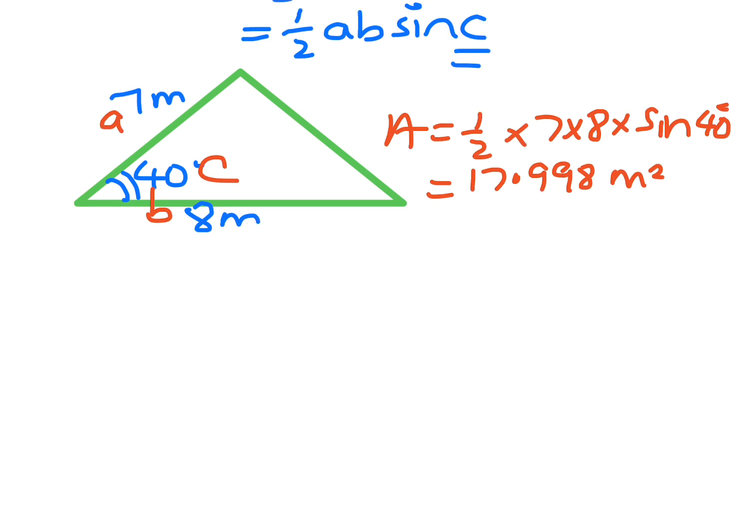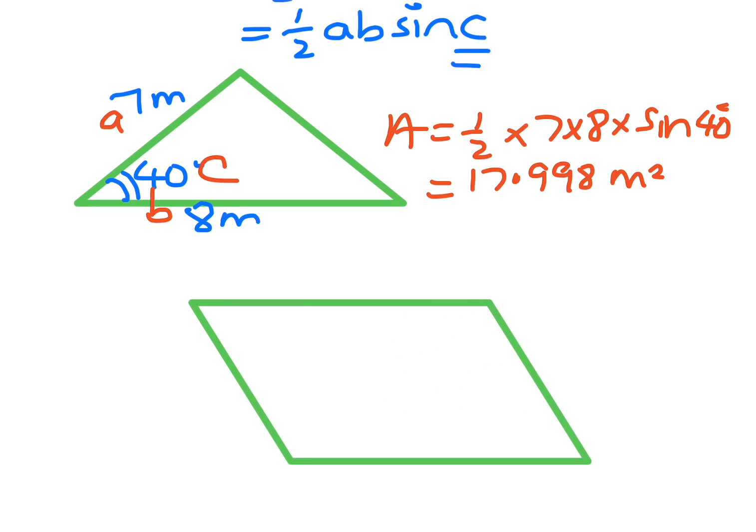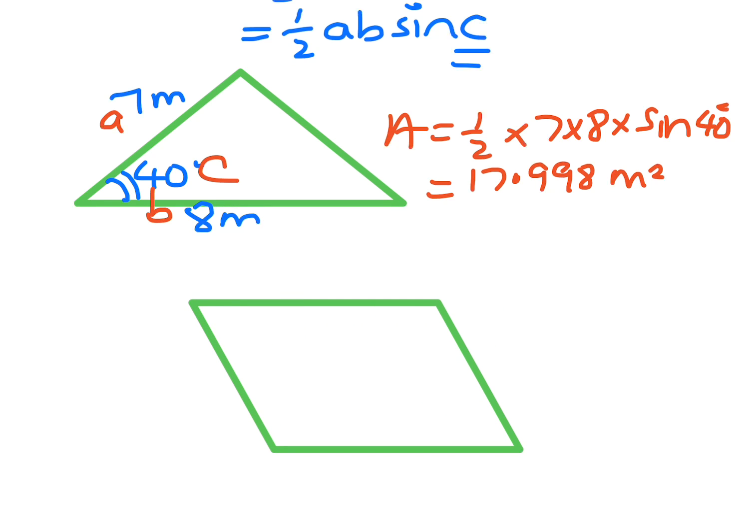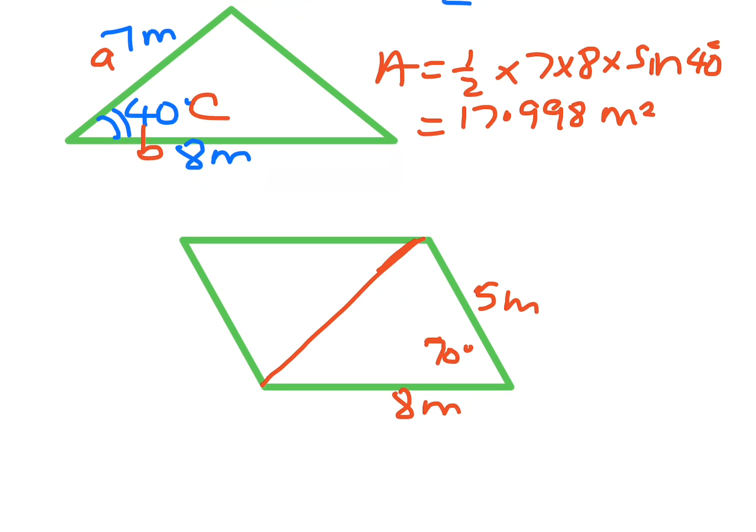Now the only real variation on that is maybe you get something like a parallelogram. With a parallelogram, you just have to use the same formula, but if that was 70 degrees and 5 meters and 8 meters, you would just have to multiply it by 2, because this triangle and this triangle are exactly the same.